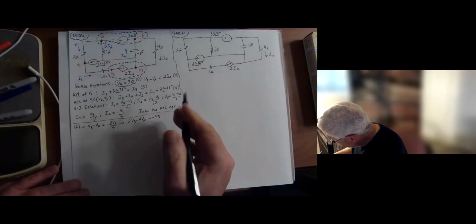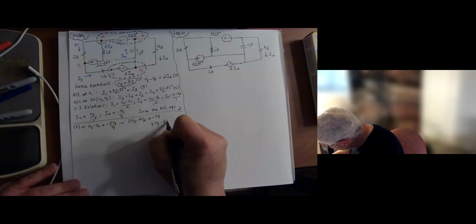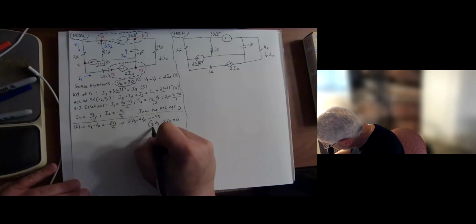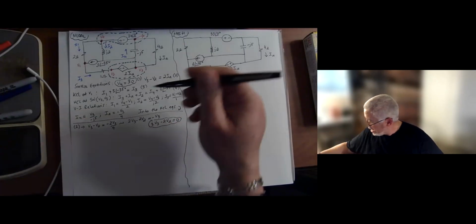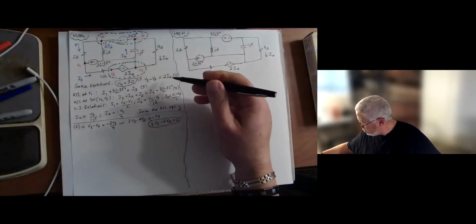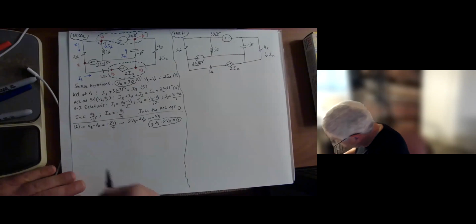Then sending V3 to the other side, we get 3V3 minus 2V2 equals 0. So that's a complete equation right there. That's equation number 2, with IA replaced by its voltage-current relationship to express it in terms of the node voltages.